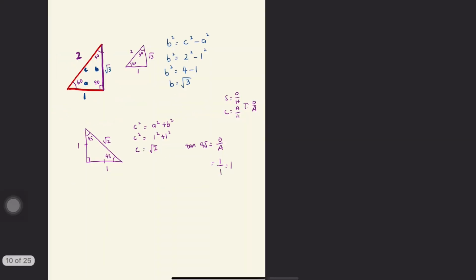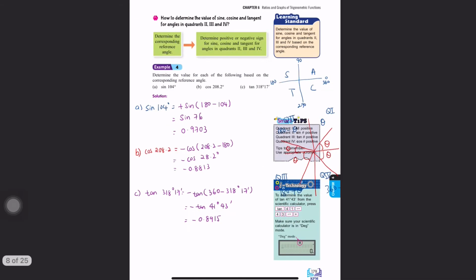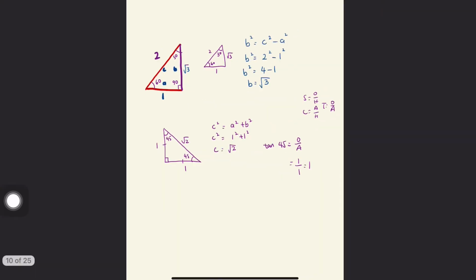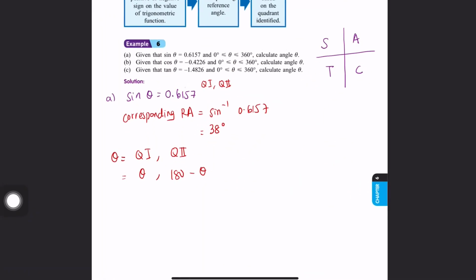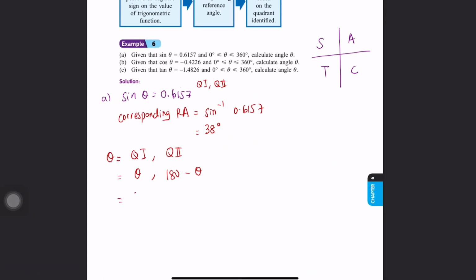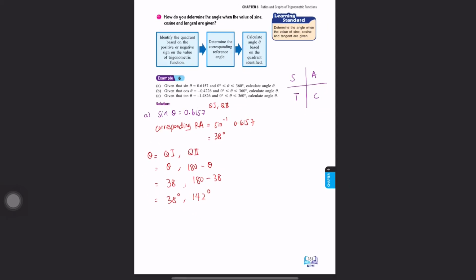Ingat lagi tak yang saya lukis tadi tu? Jangan lupa. So tukar je lah. Theta is 38. Second quadrant 180 minus 38, and your final answer is 38 degrees and 142 degrees. Macam tu je, senang kan?